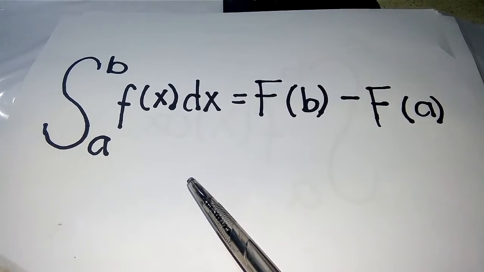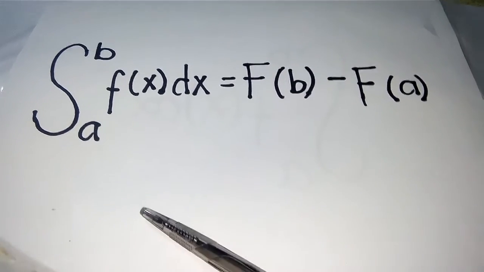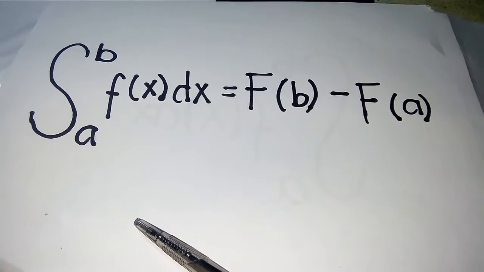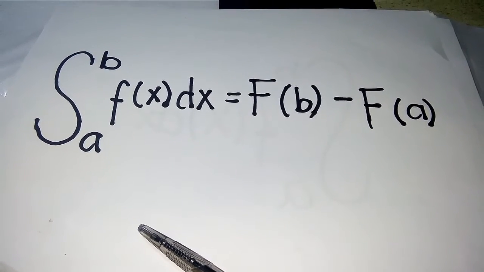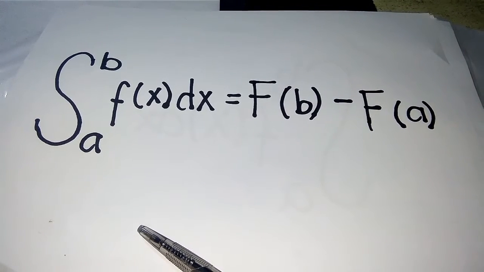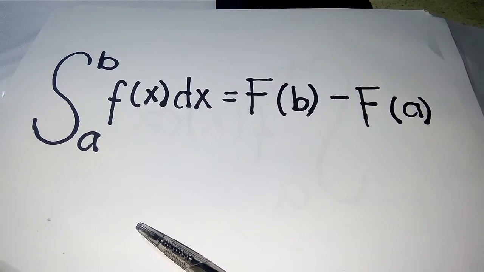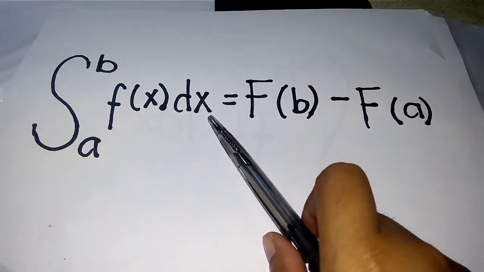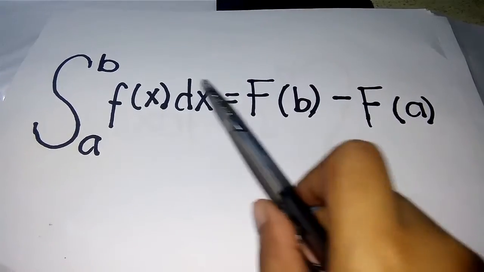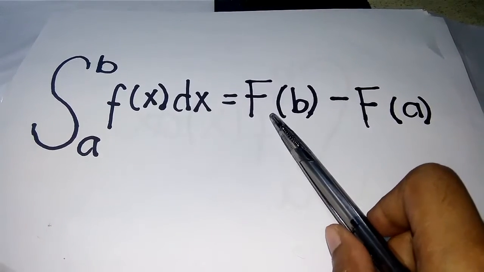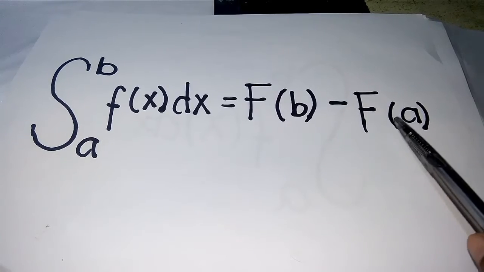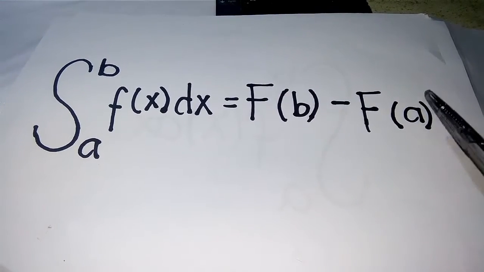There's a theorem that if a function f of x is continuous on the closed interval ab and capital F is an antiderivative of the function f on that interval, then integral of f of x dx from a to b is equal to capital F of b minus capital F of a.